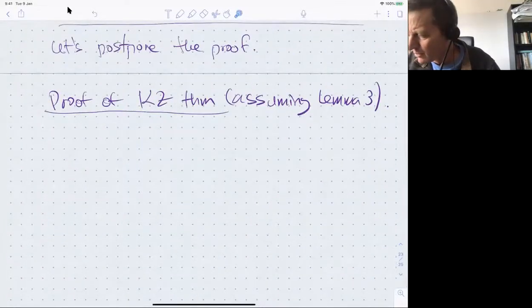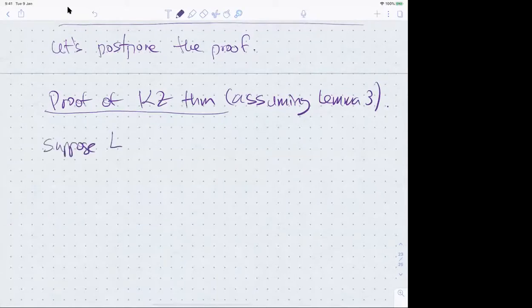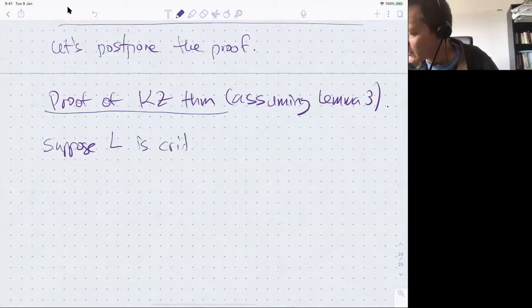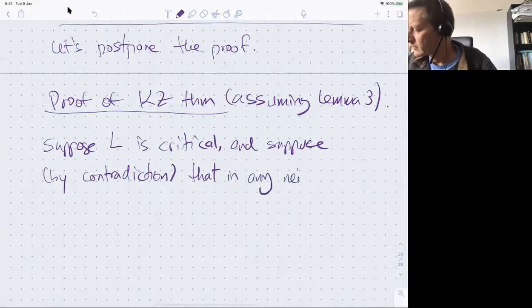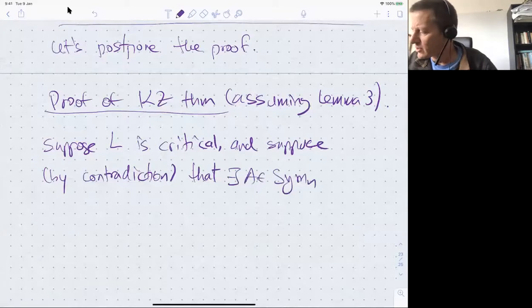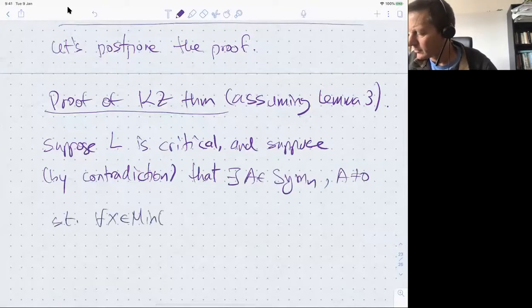So let's prove it. Suppose L is critical, and suppose by contradiction that the lattice is not perfect, which means that there exists a symmetric matrix A, which is not zero, such that for all the minimizers, P_x(A) is zero.